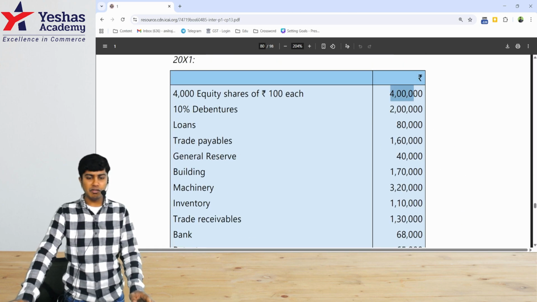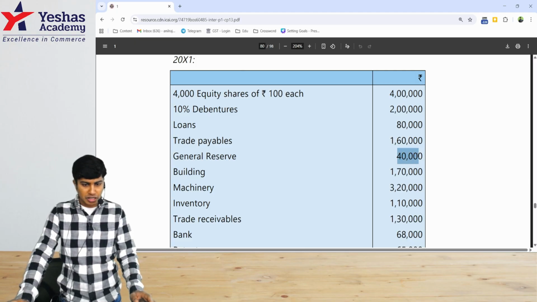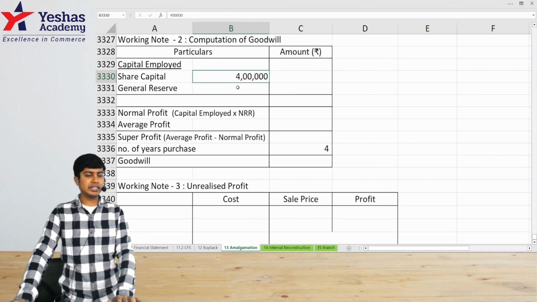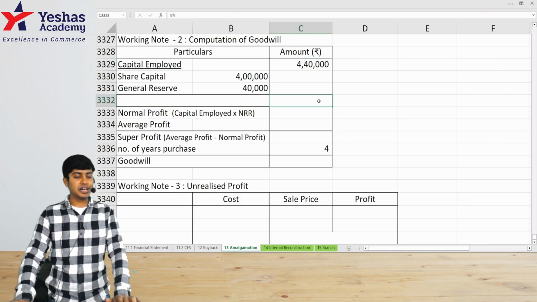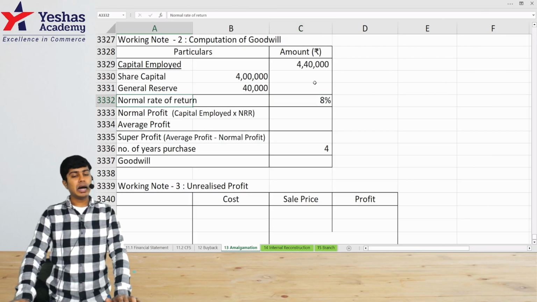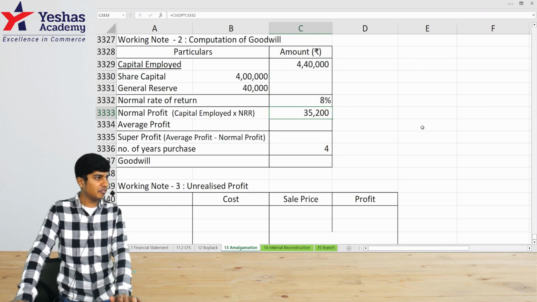How much is share capital? 4 lakh. How much is general reserve? 40. So 4 lakh 40,000. Normal rate of return is 8%. Apply 4 lakh 40,000 into 8%. 35,200 becomes your normal profit.